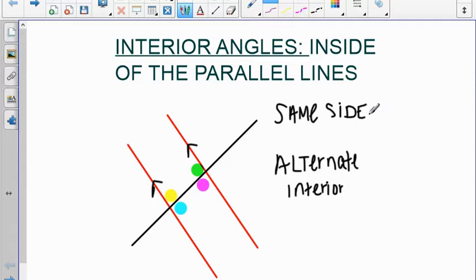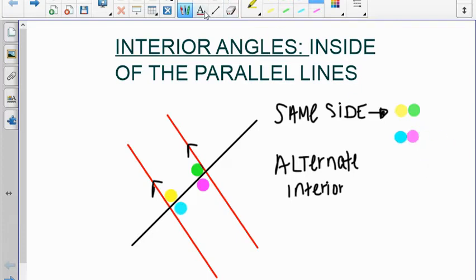And it makes sense when you think about it. If I said the same side interior angles, I'm talking about interior angles that are on the same side of that black line. So the yellow and the green are same side interior, and then blue and purple are the same side interior.